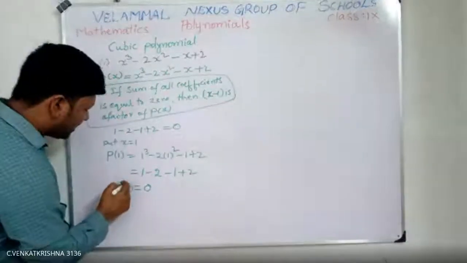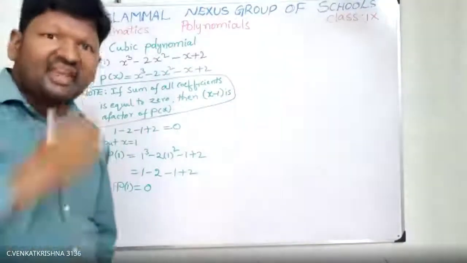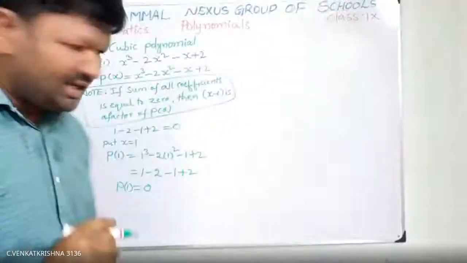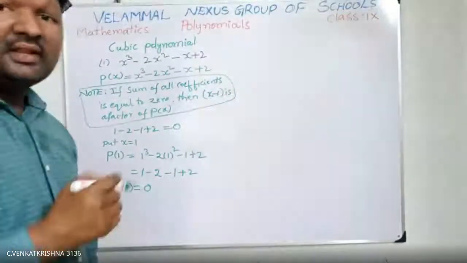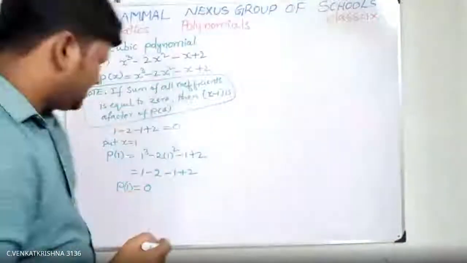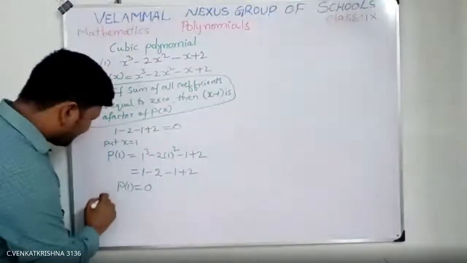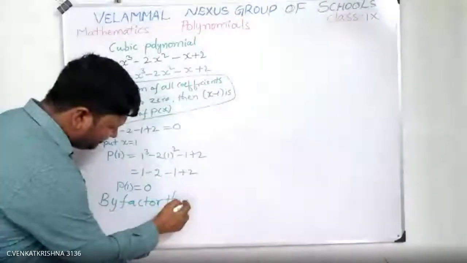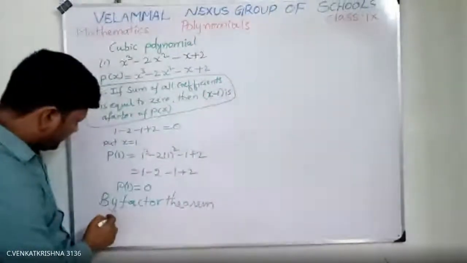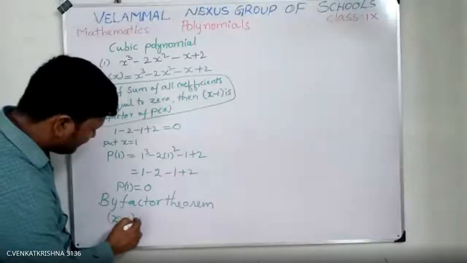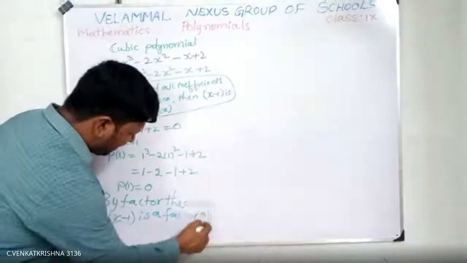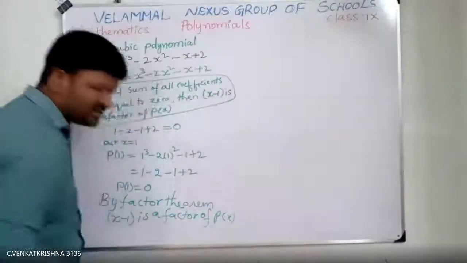According to the factor theorem, if p of a is equal to 0, then x minus a is a factor. So by the factor theorem, x minus 1 is a factor of p of x.